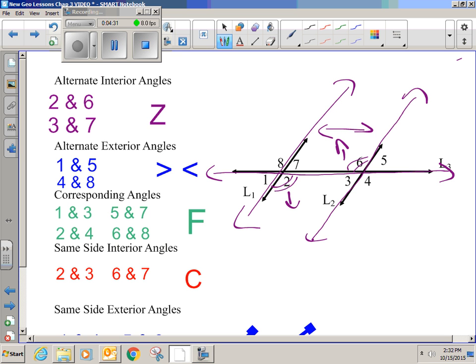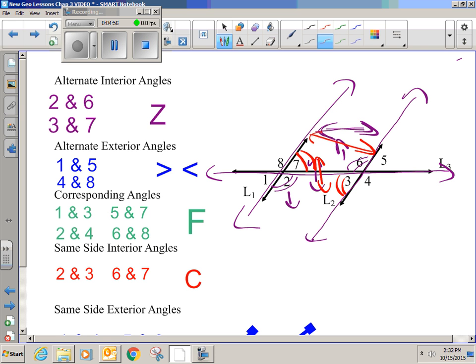So they're on the inside of the parallel lines, and they're on the opposite sides of my transversal. 3 and 7 are the exact same thing. 3 and 7 are on opposite sides of my transversal, and they're both on the interior of my parallel lines.